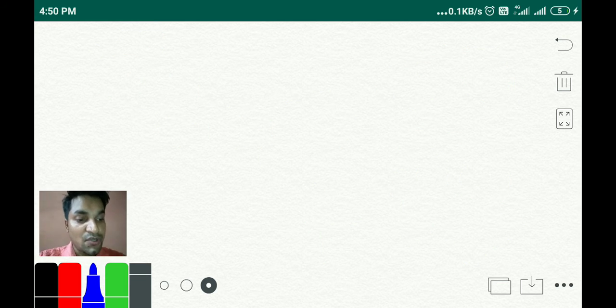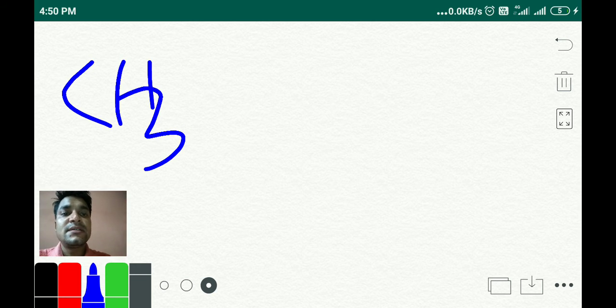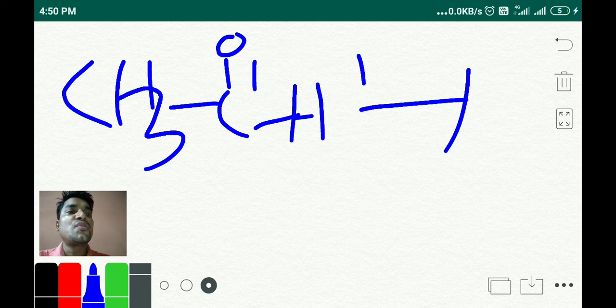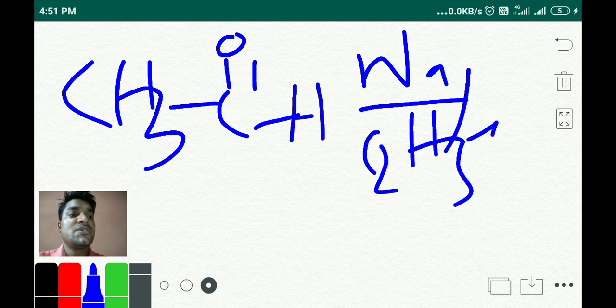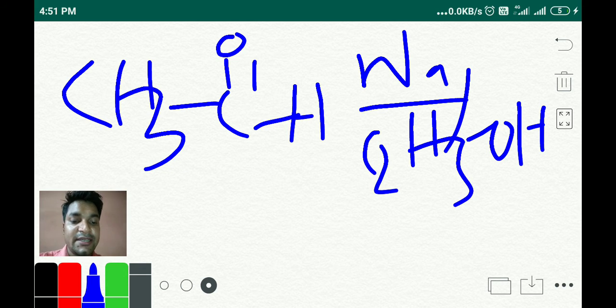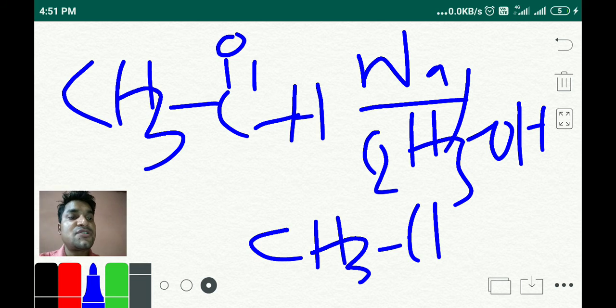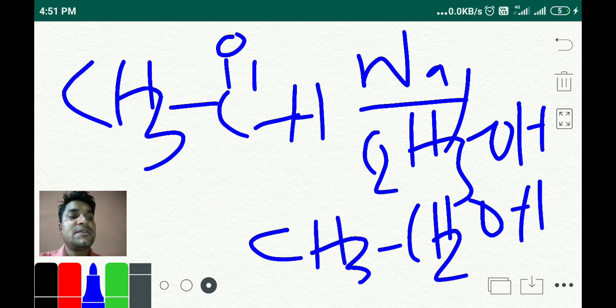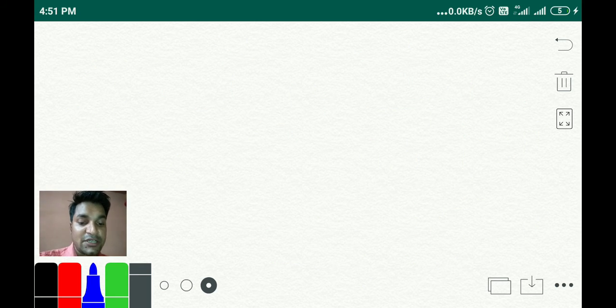Another reduction procedure I will share with you is in presence of sodium. If you use any aldehyde, say acetaldehyde, in presence of sodium and ethanol, C2H5OH, you can convert it into the corresponding alcohol, CH3CH2OH. There is also a mechanism, like these other mechanisms.